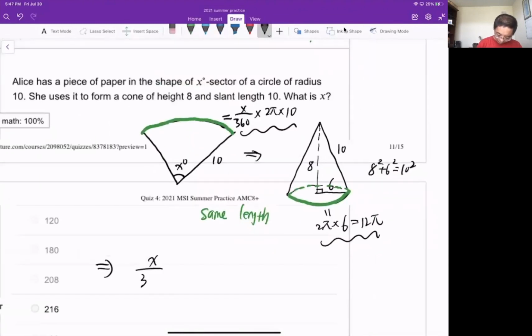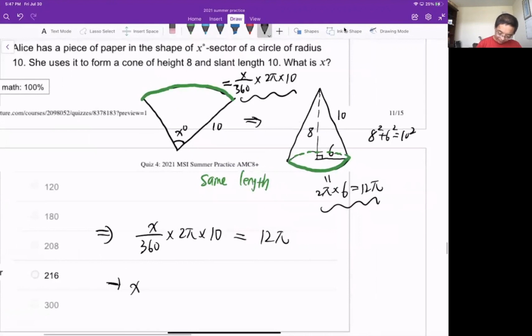So from here, we derive the equation: x over 360 times 2 pi times 10 equals 12 pi. And from here, we can solve for x. We have pi cancel with pi, and then 10 cancels with this.